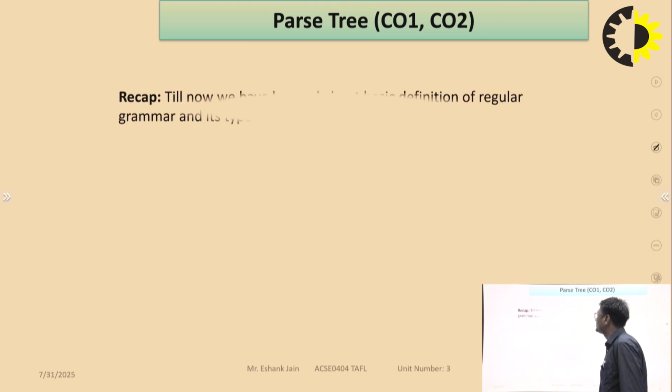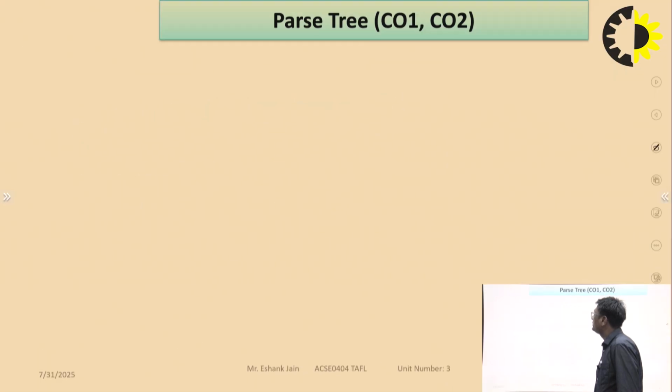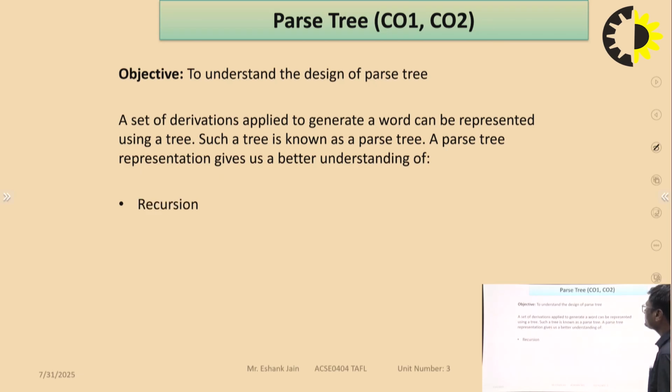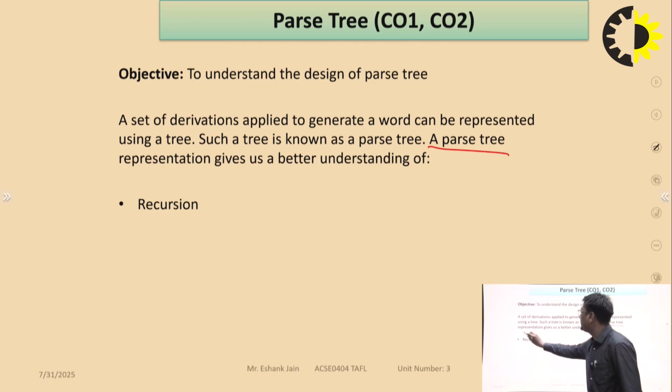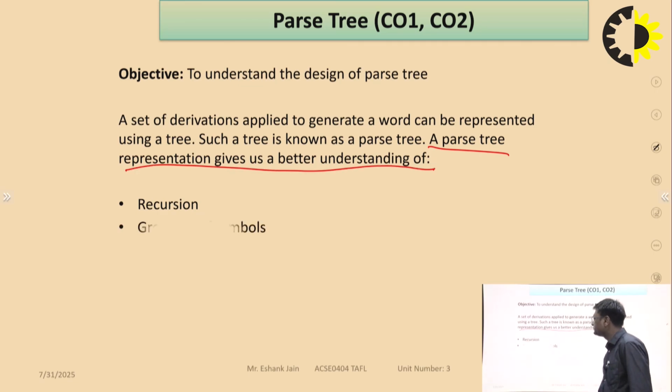What is a parse tree? Words generated by a grammar can be represented using a tree. Such a tree is known as a parse tree. A parse tree representation gives us a better understanding of recursion and grouping of symbols.